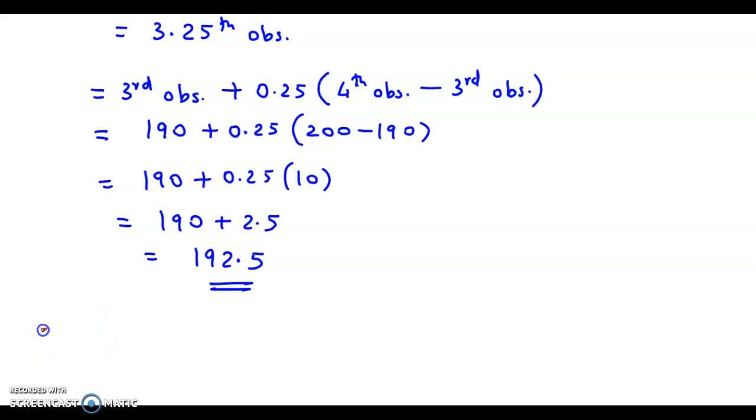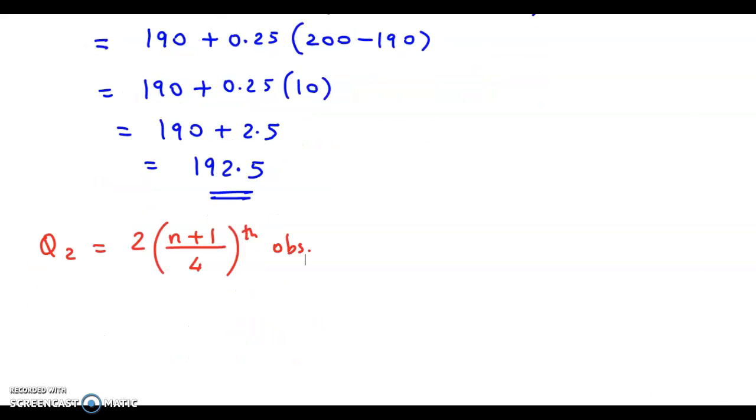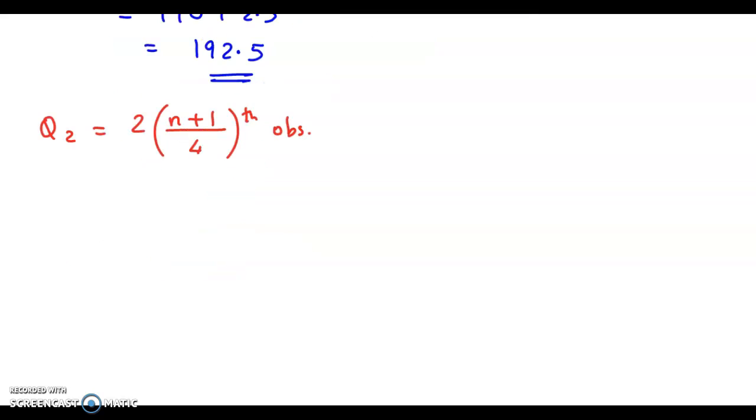Now let us go for Q2. Now Q2 is 2 times n plus 1 by 4th observation. Again n is equal to 12, so we substitute n as 12. So 2 times 12 plus 1 by 4th observation.